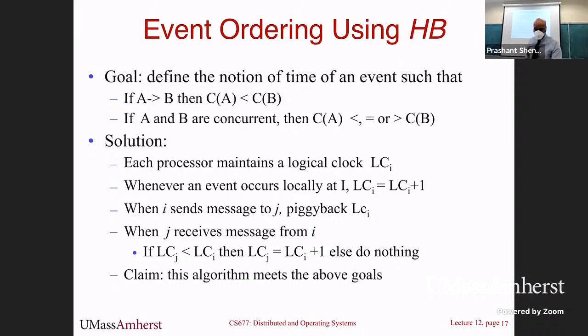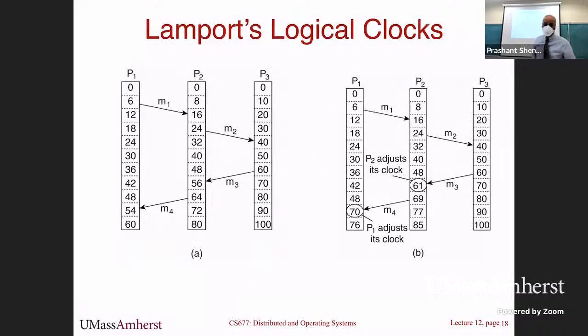Okay? And then the example I showed at the very end was, here are three processes. The numbers there are the logical clock values, which are just integers. And then as you can see, if you want to maintain the happened before relationship, the main property we are using is the sending of a message happened before the receive. You cannot receive a message before it's sent. So here is a message that's sent. The clock value at that process is 60.